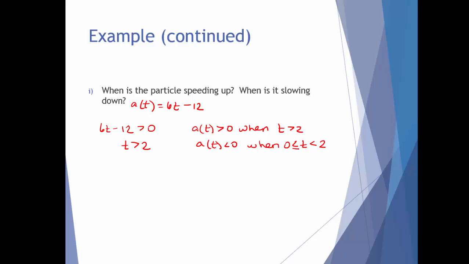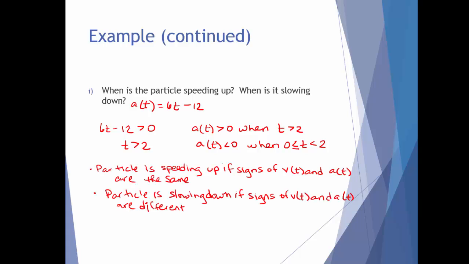So the moral of the story is, if you want to talk about when a particle is speeding up and when it is slowing down, you need to examine both the sign of the acceleration and the sign of the velocity. If you can remember and juggle the signs of your velocity and acceleration at all times, that's great. I usually put them on a little chart to help me remember what's going on. So this is time. This is not the same thing as that particle motion chart.